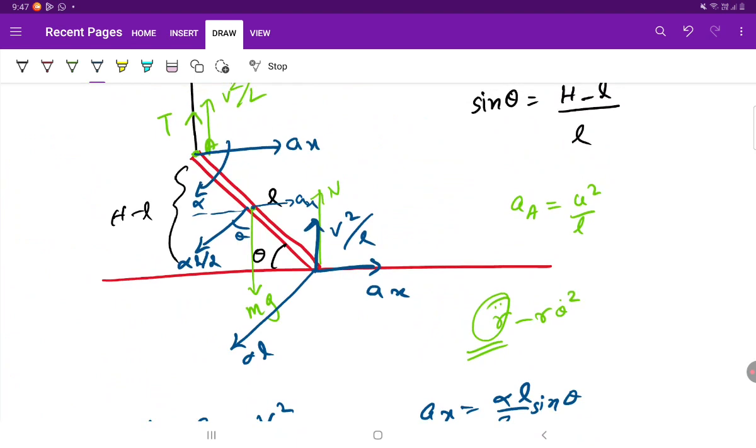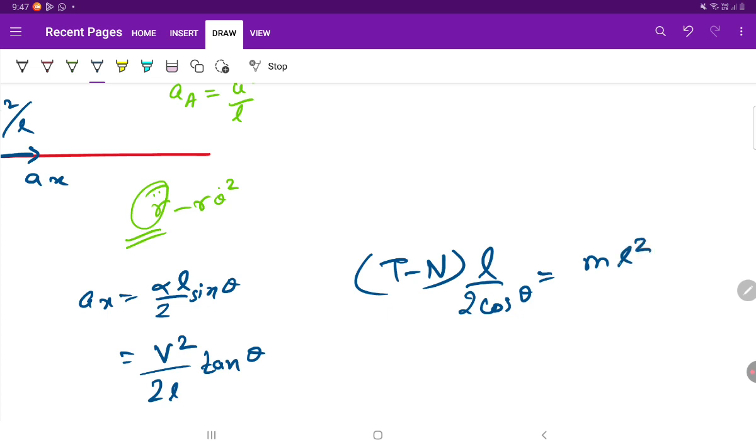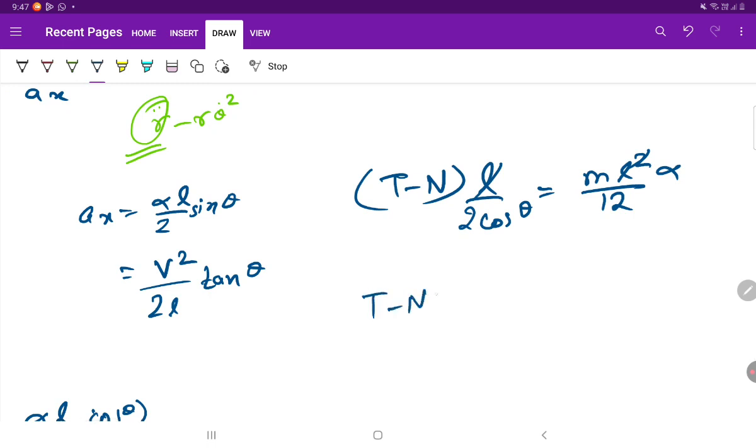This is equation 1. And the second equation will be the angular acceleration equation. Since we consider angular acceleration to be clockwise, I can write T minus N into L by 2 cos theta equals m L square by 12 alpha. Cancelling all the required terms, I'll get T minus N equals m alpha L by 6 cos theta.